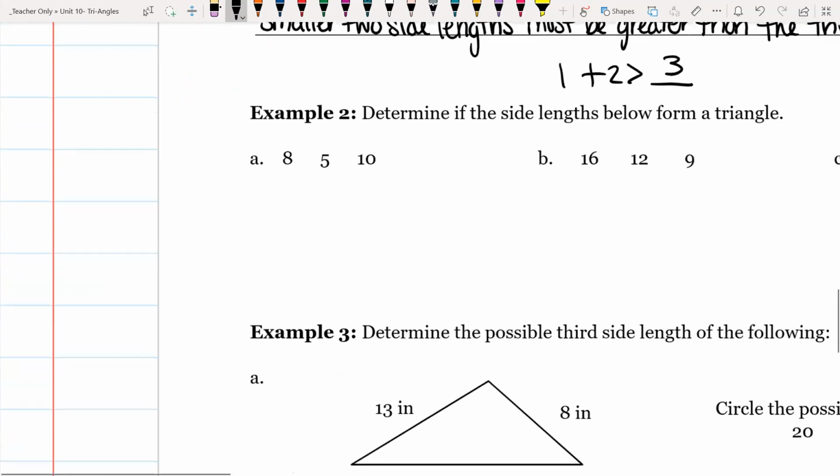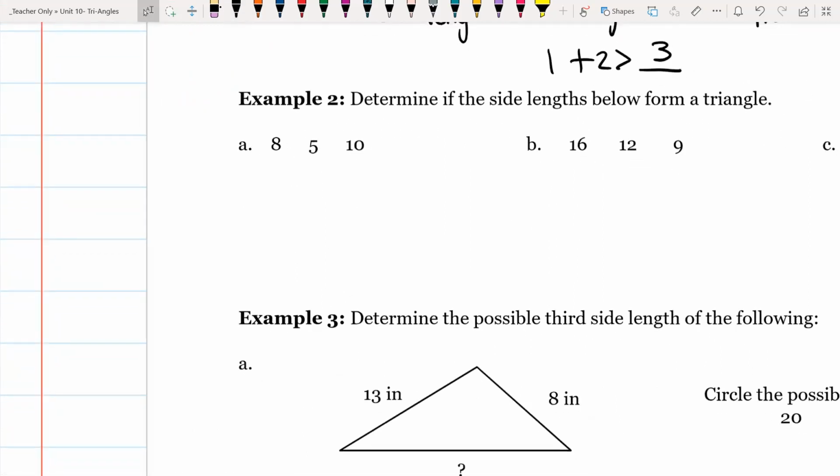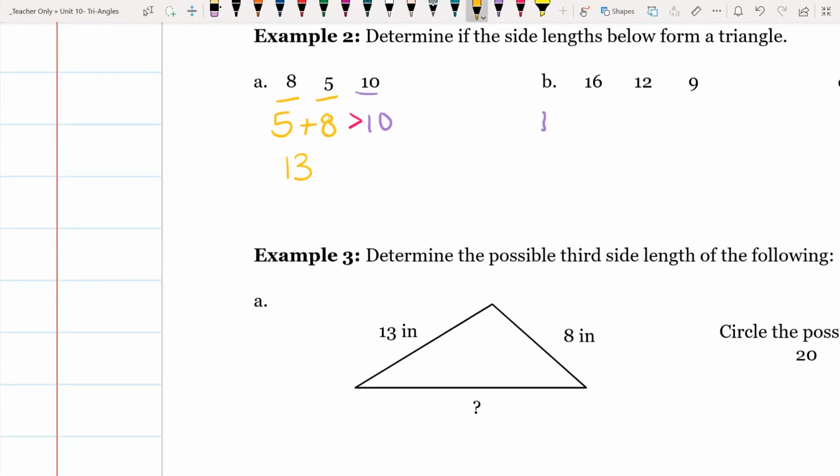So let's look at example 2. We have to add up the smaller two sides. The smaller two sides are 5 and 8, and we're saying that's greater than the longest side, which is 10. So 5 plus 8 is 13. Is 13 greater than 10? Yes. So these do form a triangle.